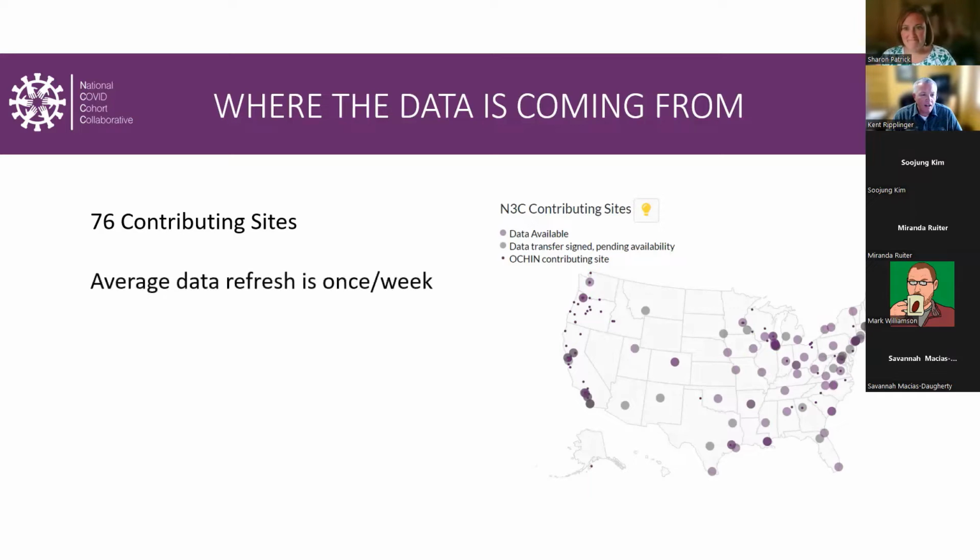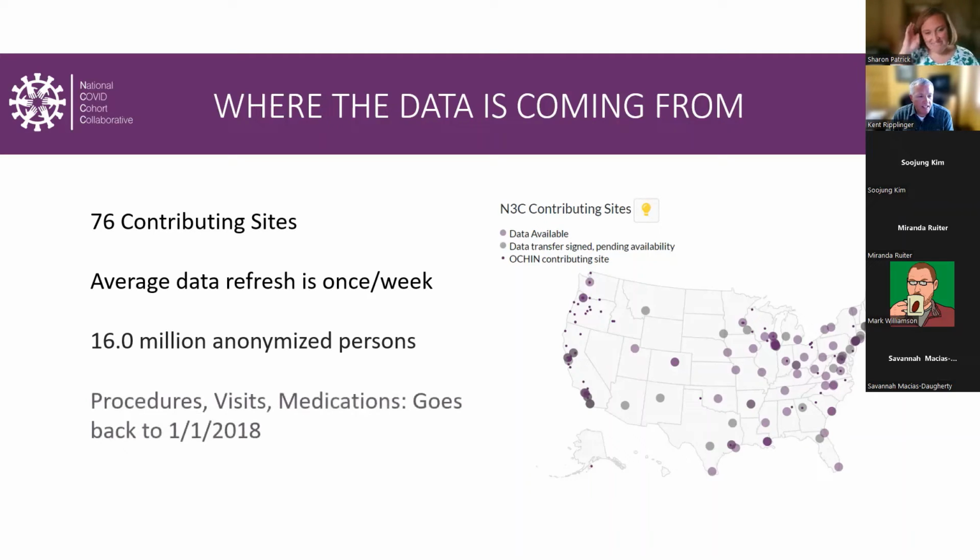And the data itself gets refreshed once a week, and currently contains somewhere around 16 million anonymized persons. And the data goes back to January 1st of 2018. So it's not their full electronic health record history, but it does provide a little bit of historical context.